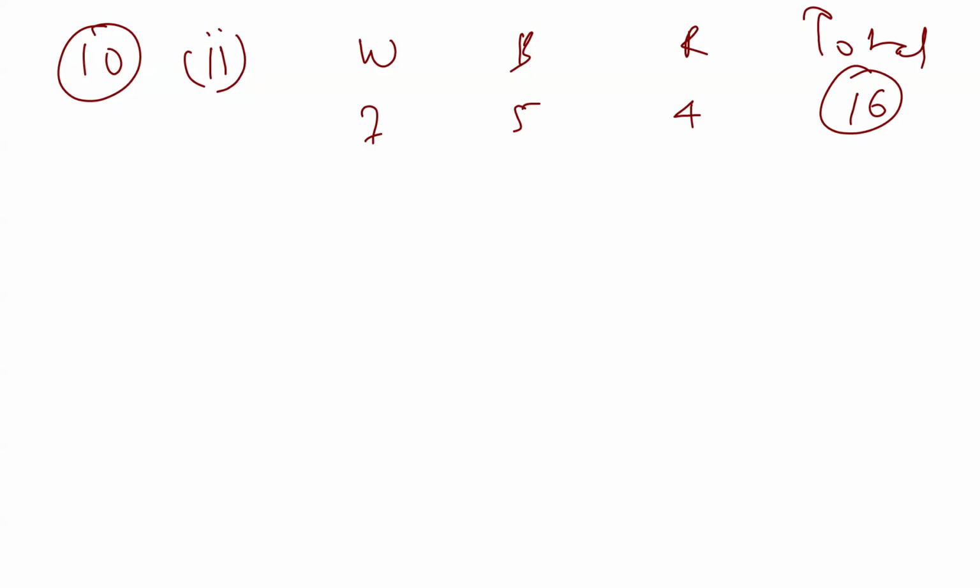Basically, the words without replacement should not be put over there because it might lead to some confusion. 4 balls are drawn, and there it is supposed to be at once, right? So n of S is equal to 16C4.